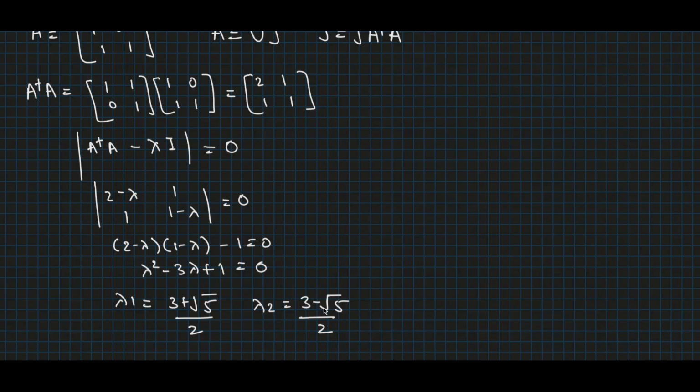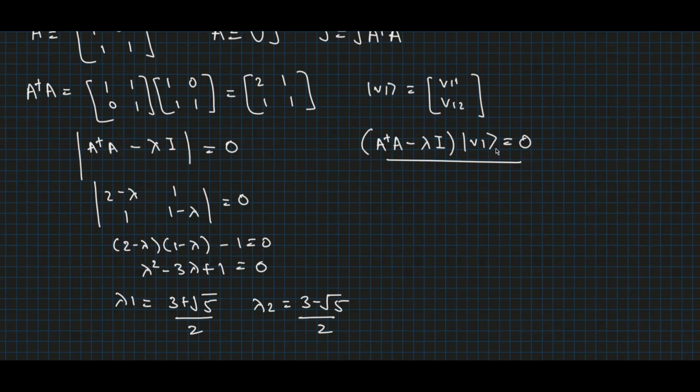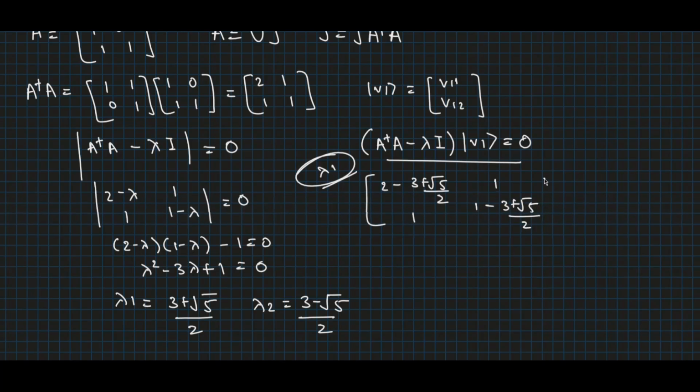Now the eigenvector v1 corresponding to lambda 1 is v1 equal to (v11, v12), which we can find by solving this equation, which gives us the matrix 2 minus (3 plus root 5) by 2 for the lambda 1 eigenvalue, 1, 1, 1 minus (3 plus root 5) by 2, times v1, which is (v11, v12), equal to 0.